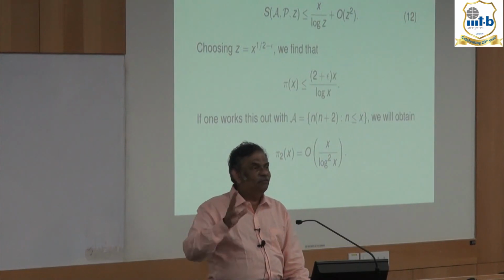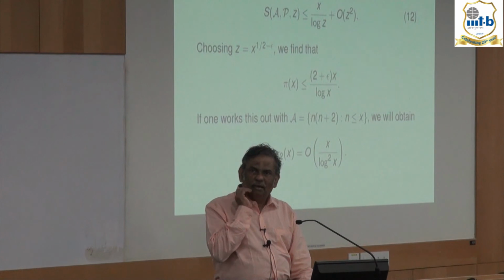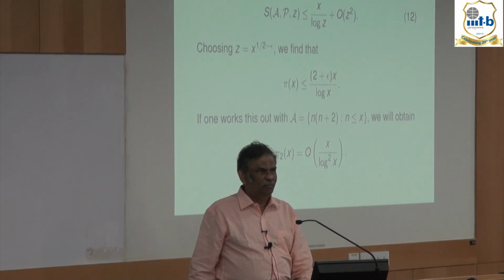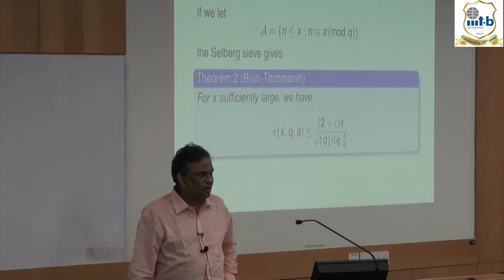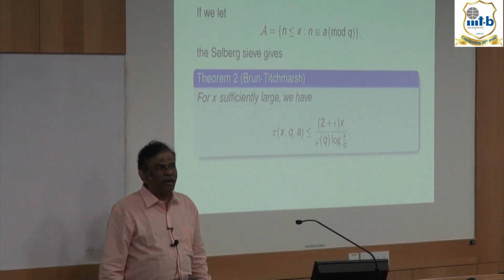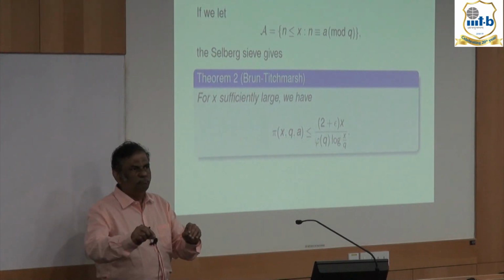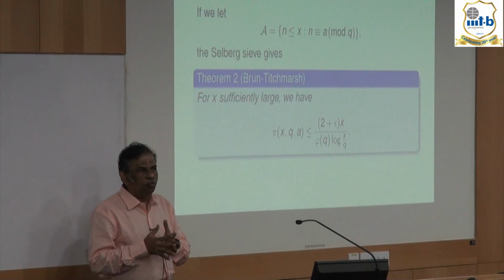What are the various things which one can do by this? Instead of this one-dimensional sieve, he suggested that one can do the two-dimensional sieve, which turned out to be very important. We can prove something called the Brun-Titchmarsh theorem, which counts the number of primes in an arithmetic progression congruent to a modulo q, and you can get an upper bound for it, again by the Brun sieve.